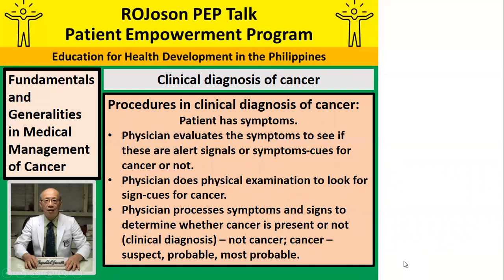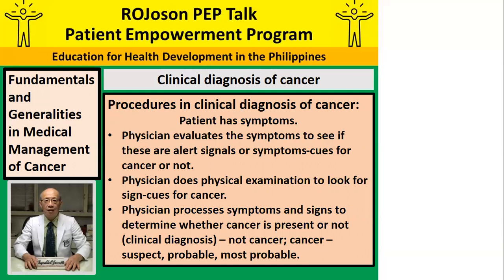Again, let me just repeat the procedures in the clinical diagnosis of cancer. The patient has symptoms. So what will the physician do next? The physician evaluates the symptoms to see if these are alert signals or symptom cues for cancer or not. The physician does a physical examination to look for sign cues for cancer.